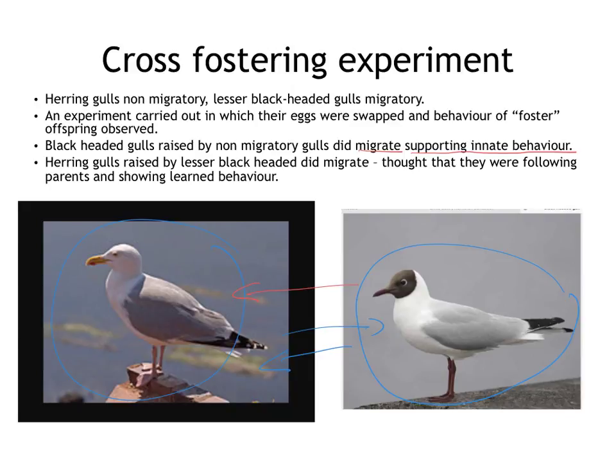Now, the herring gulls that were raised by the lesser black-headed gulls, so this is the other way around, these non-migratory birds, what was found was that they migrated. So they wouldn't normally migrate, but the adult birds migrated and the herring gulls went with who they thought were their parents, although they weren't. So it was thought that they were following their parents, and that was exhibiting learned behaviour.